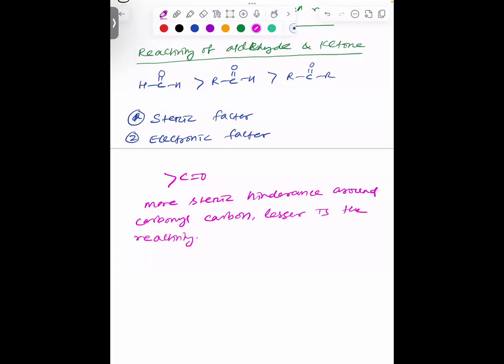More the steric hindrance around carbonyl carbon, lesser is the reactivity. Students, quickly note down. Make it fast.